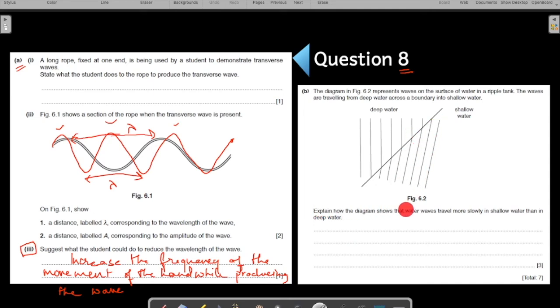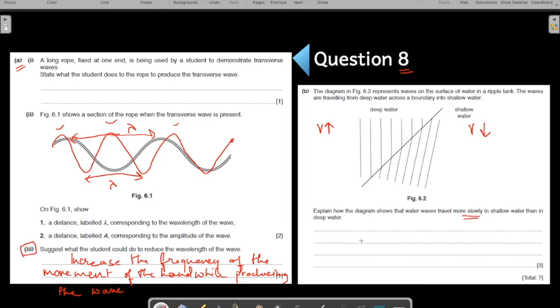Explain how the diagram shows that the wave travels more slowly in the shallow water than in the deeper water. Okay, so you have to explain why the speed has gone down in the shallow water whereas the speed was high in the deeper water.